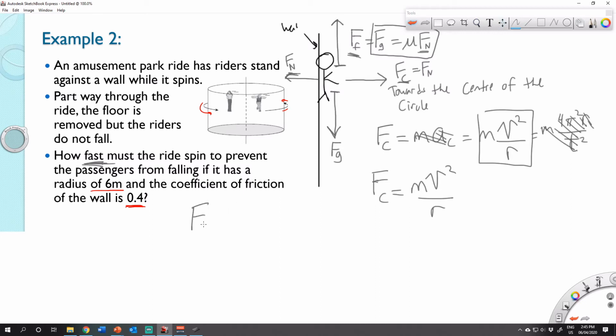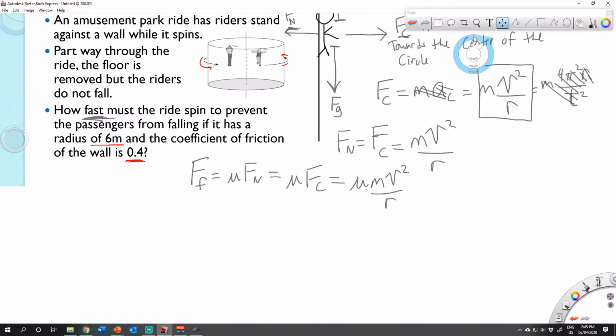So I know that my force of friction is equal to mu times Fn, but then we know that Fn, the normal force, has to equal the centripetal force based on what I mentioned earlier. So I can continue substituting things in. So mu times Fc, but Fc is really just mass times velocity squared over radius.